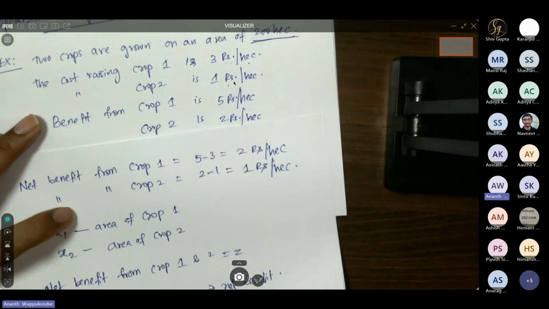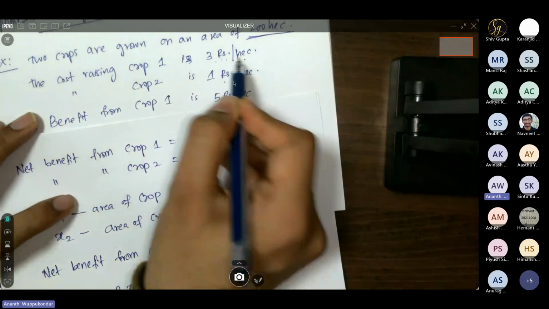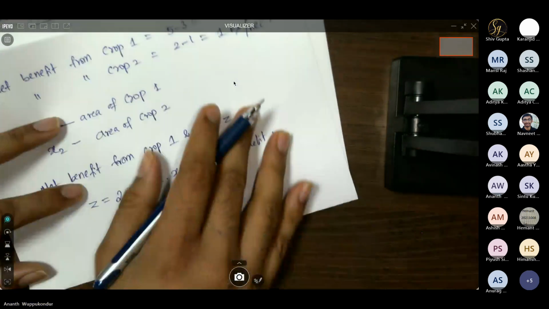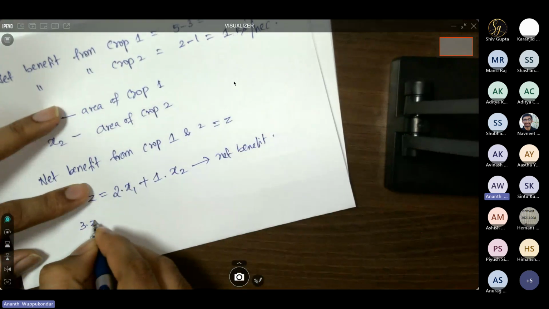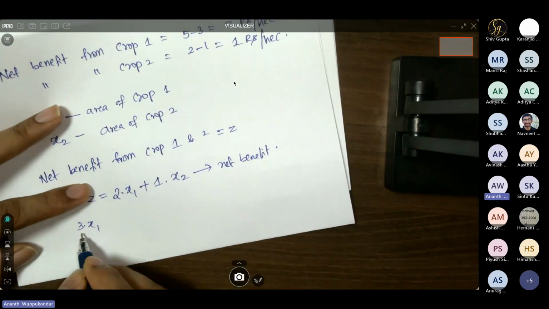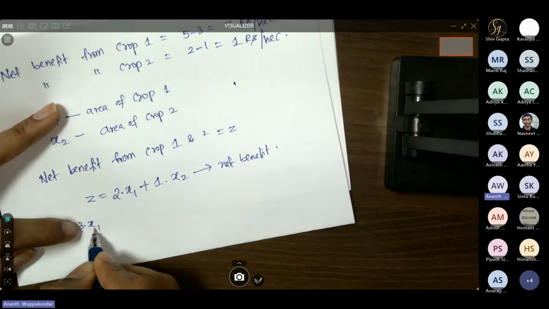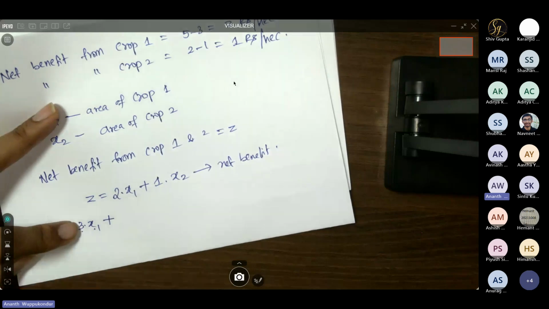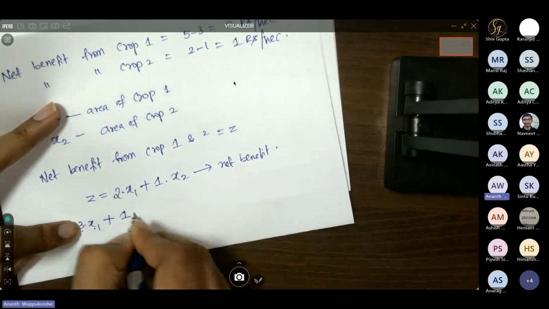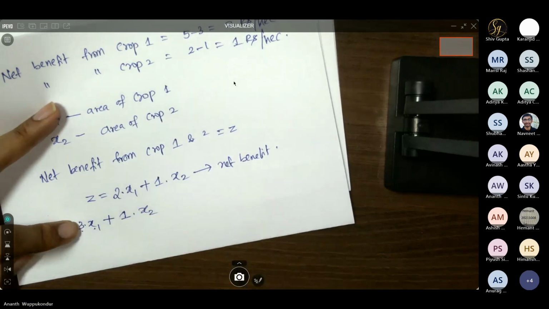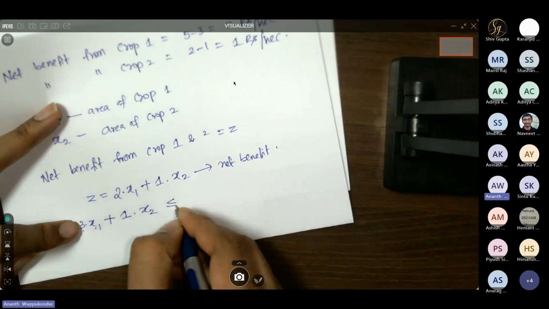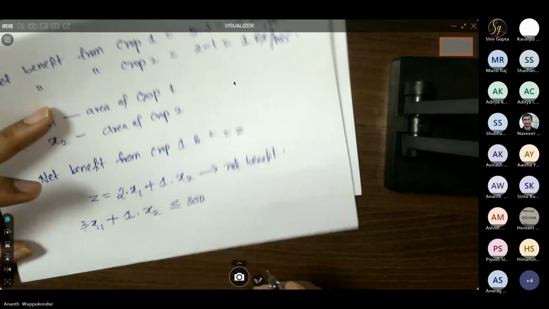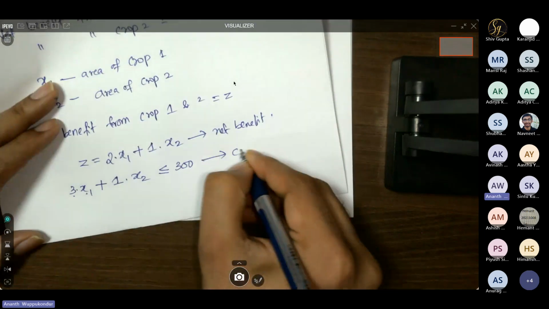The cost of raising crop 1 is 3 rupees per hectare, so 3 times x1, multiplying 3 rupees per hectare with the area, gives the total amount spent on crop 1. Plus on crop 2, we are spending 1 rupee per hectare. And this should be less than or equal to 300 rupees. So this is our constraint.